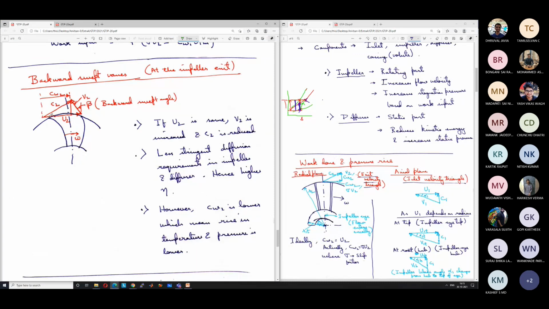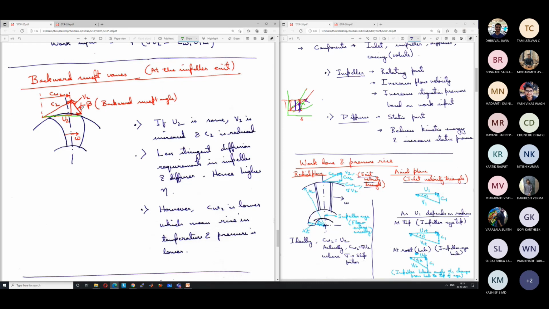So in that case, how will the velocity diagram look? U2 is again the same, U2 is omega into R2. That is going to be true. But the relative velocity V2 is now at an angle. Instead of being radial, it is at angle beta to the radial direction. This is known as the backward swept angle.